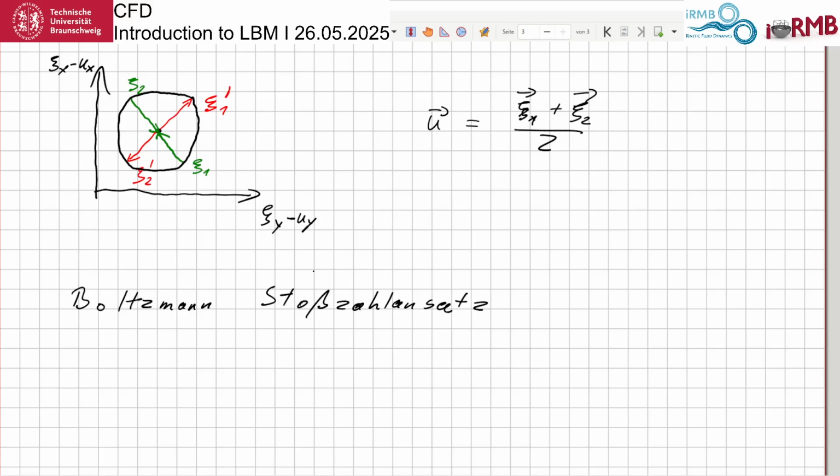Actually, Stoßzahlenansatz is also sometimes used in English, but they decided to translate this into molecular chaos. Or molecular chaos assumption. I think that Stoßzahlenansatz and molecular chaos sound very, very different, right?